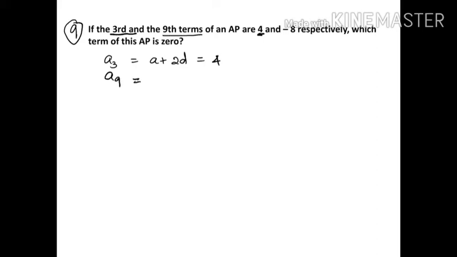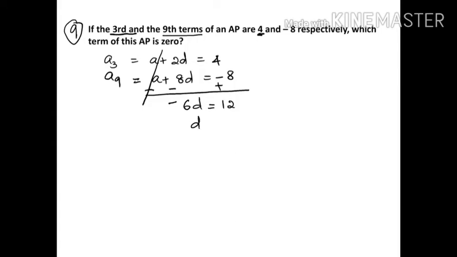So ninth term is written as a + 8d, and that is equal to minus 8. Now we have simultaneous equations in two variables. So let's solve them using elimination method. Change the sign. a gets eliminated. We have minus 6d equal to 12. So d is equal to minus 2.